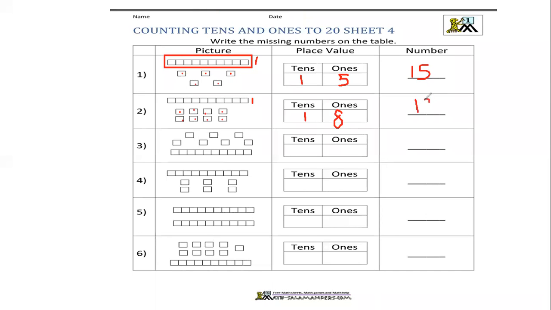That is 1 and 8 becomes 18. Now, again, look at the model. Again, I have 1 ten, and how many ones? 1, 2, 3, 4, 5, 6, 7. So what is the number I'm going to get here?